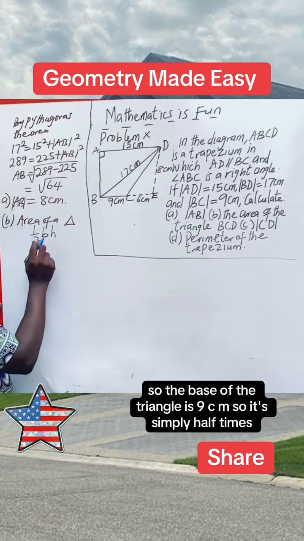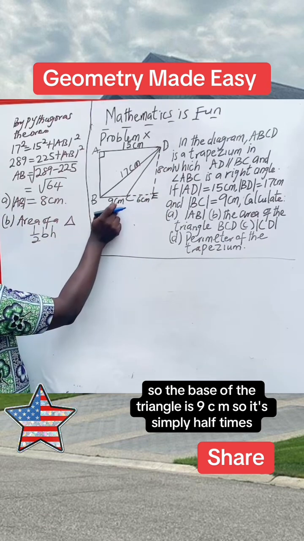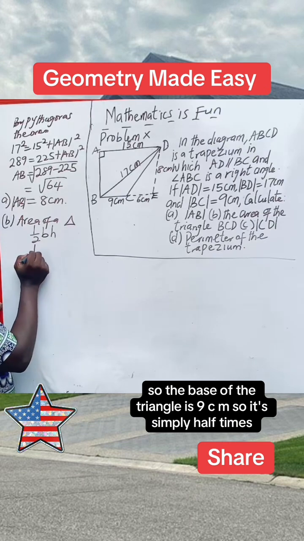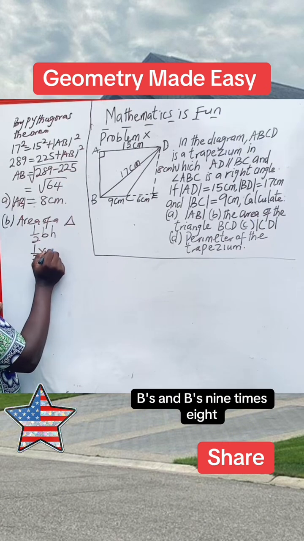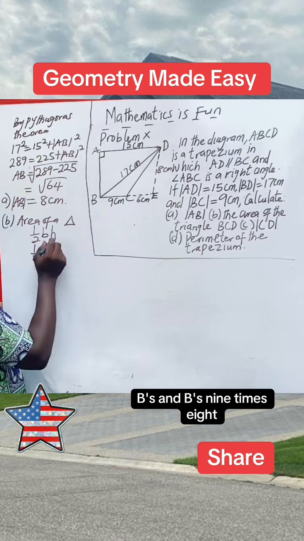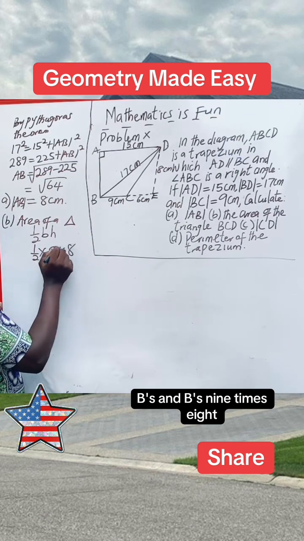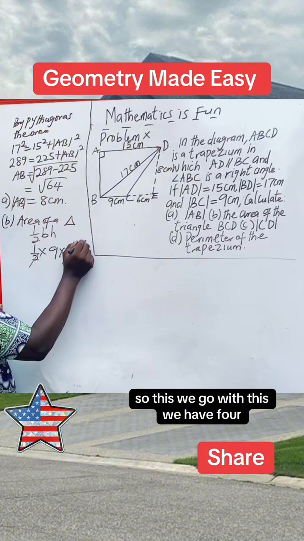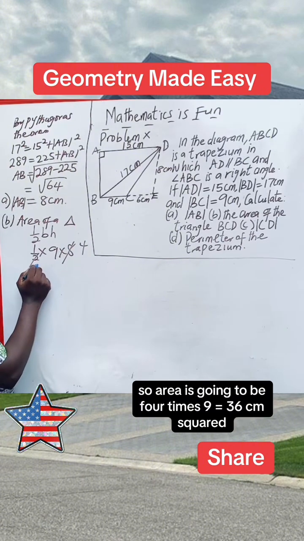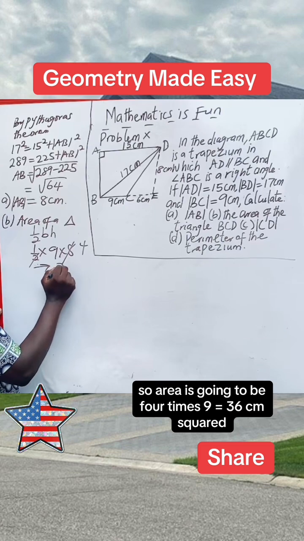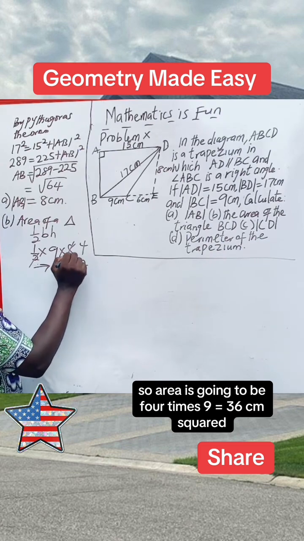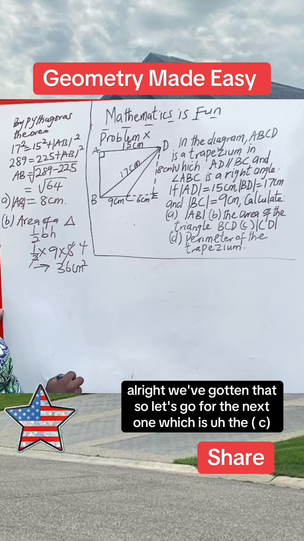So the base of the triangle is 9 cm. So it's simply half times base times height, 9 times 8. So this will go with this, we'll have 4. So area is going to be 4 times 9, 36 cm squared. All right, so we've gotten that.